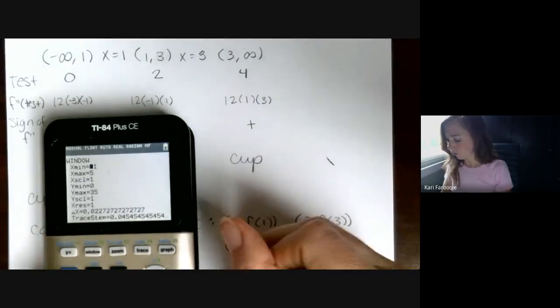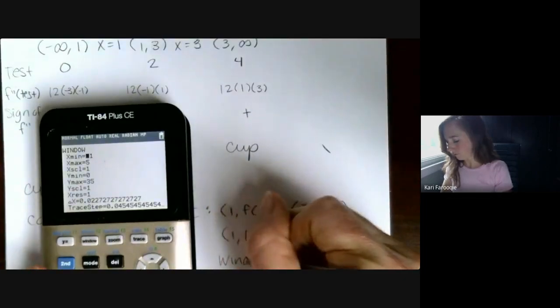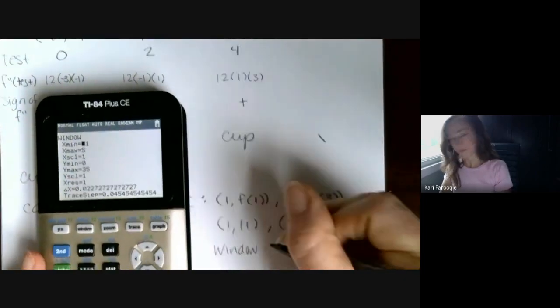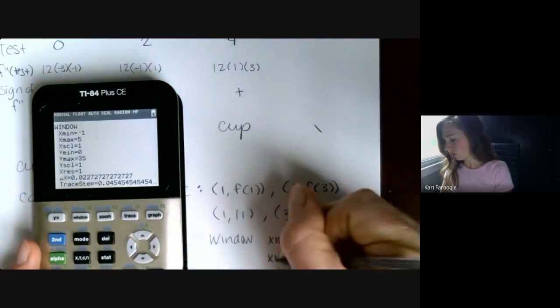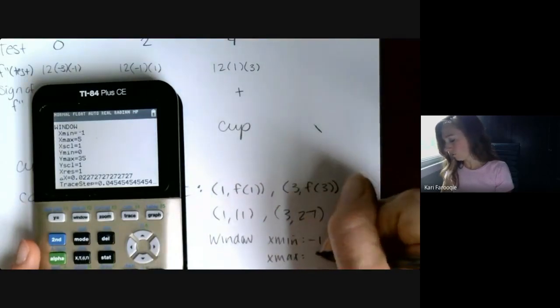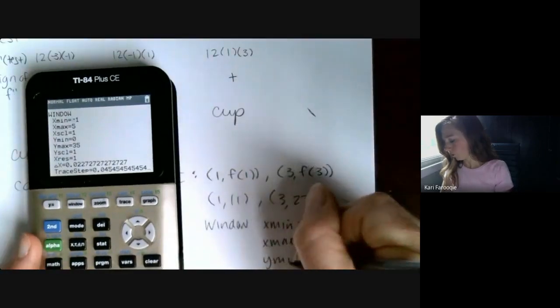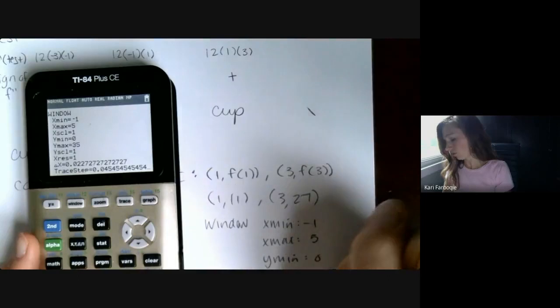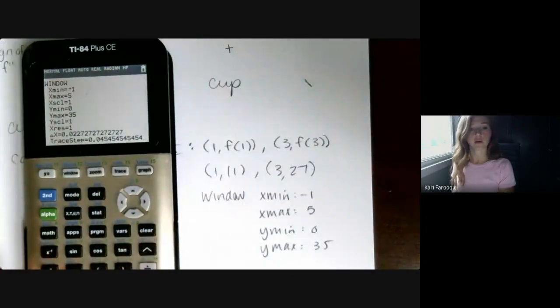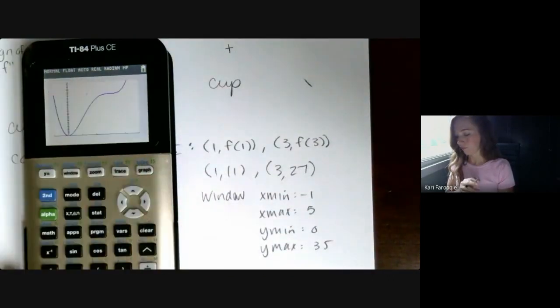So my window was x min -1, x max 5, y min 0, y max 35, in case you were following along. And then we get a pretty good view of what's happening, just on a different scale.